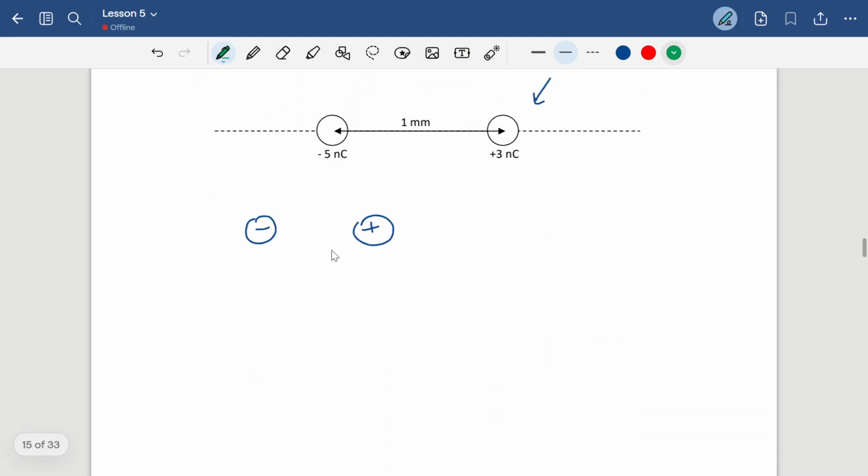Now, for this, how do you draw? Let me just draw again here. So for this case, we draw a few lines.